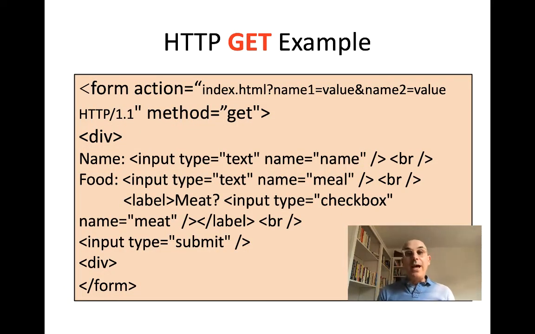So the action, as you can see in the action itself, index.html, user1 equals value, which means that I have embedded the form inside. So we have name, food, and submit. So we have user name 1 equal to a value and name 2 equal to a value in order for us to get.